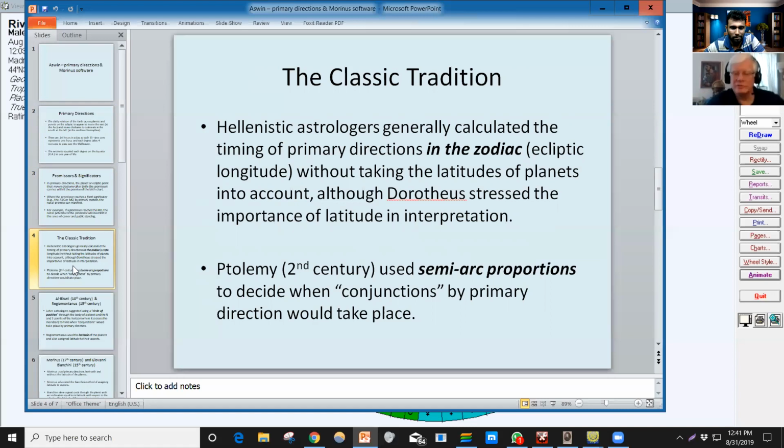And the classic method of Ptolemy was the so-called semi-arc proportions, meaning that each planet has a certain amount of time it takes to get from when it rises to when it culminates at the midheaven. And so planets were considered conjunct by primary direction when they were proportionately at the same position. So, for example, suppose the sun takes 6 hours to get from when it rises to the midheaven. So it takes 2 hours to get to the 12th house cusp. And suppose there's another planet that takes 9 hours.